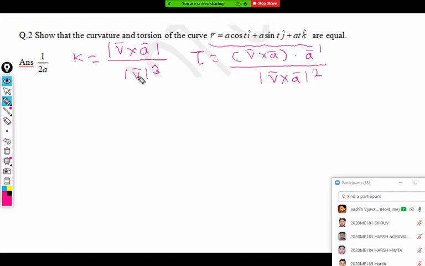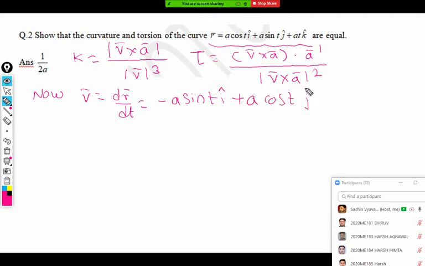So we require the velocity vector, the acceleration vector, then the V cross A vector, and two of their magnitudes. Let me do it one by one. Therefore, V bar is the rate of change of displacement vector, dr bar by dt. So it comes minus a sin t i cap plus a cos t j cap plus a k cap.